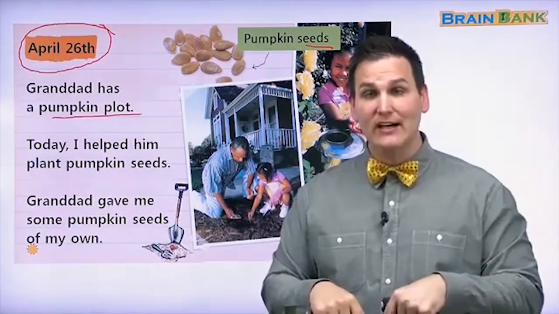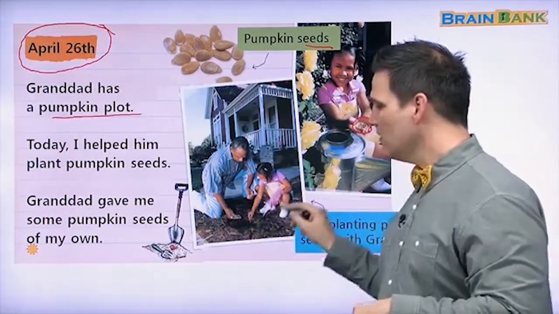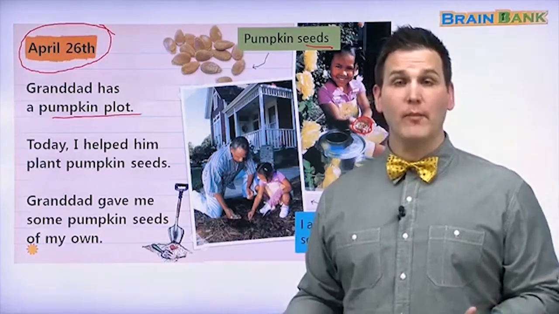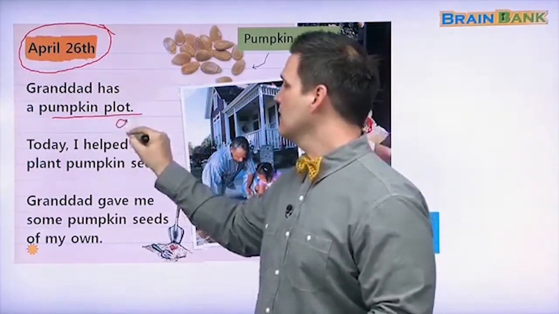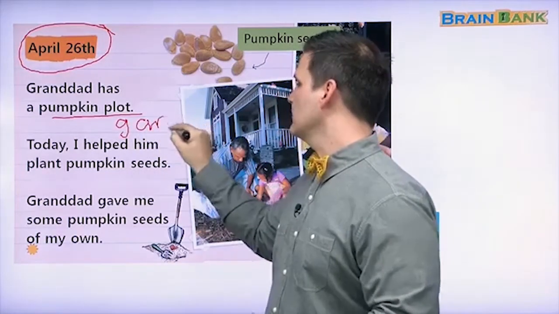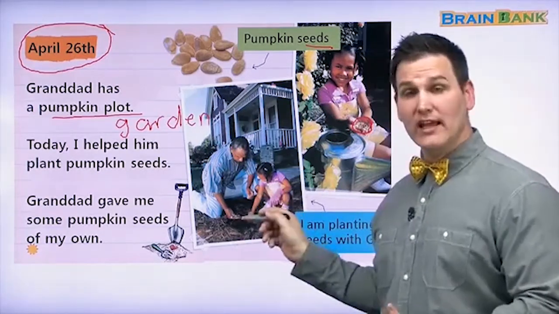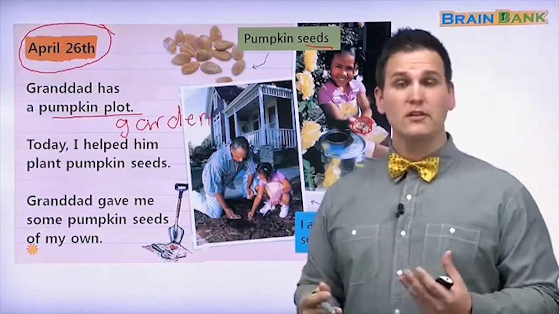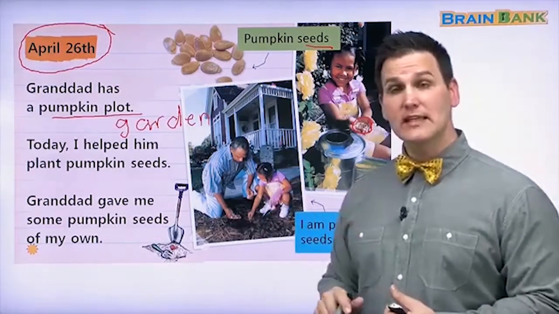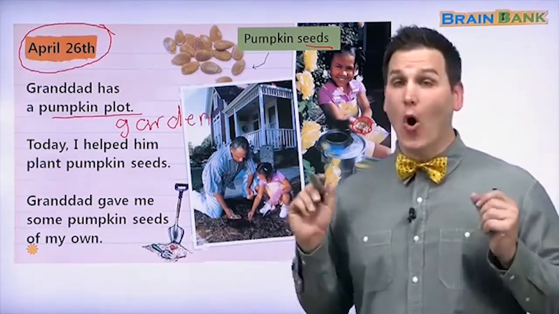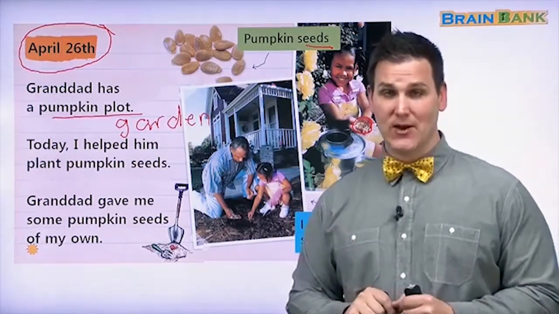So this area here is what we can call a pumpkin plot. Some people might say it could be a garden. The area of land for growing fruits and vegetables. This is a pumpkin plot, which means Granddad is only going to grow pumpkins in this area.